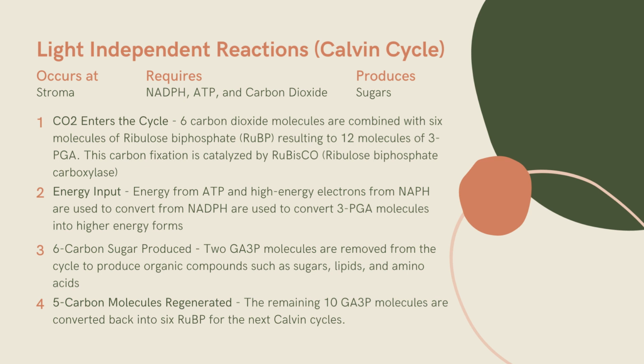So after we have produced the 3-PGA molecules and converted them into higher forms, we are now yielding 6 carbon sugar. The two of them will be removed to produce organic compounds such as sugars, lipids, and amino acids.